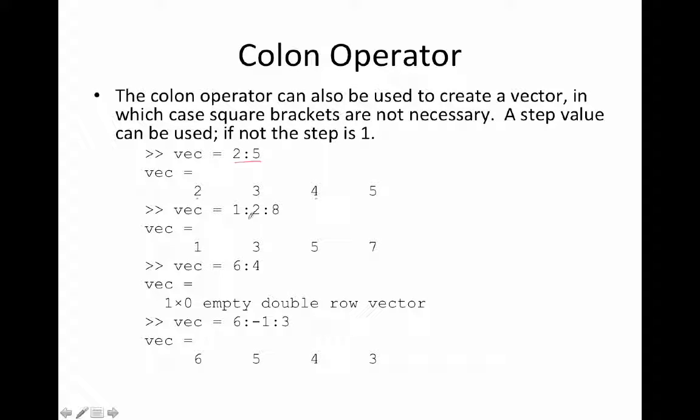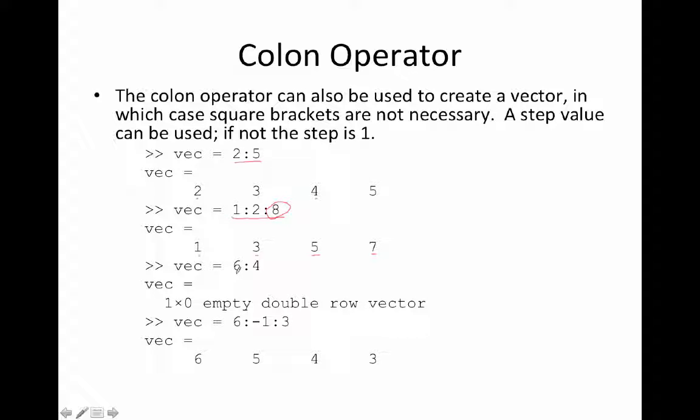Now I can specify a step value. Saying vec gets 1 colon 2 colon 8 says I want to go from 1 to 8 in steps of 2. So we start with 1, add 2 to get 3, add 2 to get 5, add 2 to get 7. But then if I added another 2, I would get 9, and that goes beyond the last value that I specified, so it doesn't do that. So I just get the vector 1, 3, 5, 7.